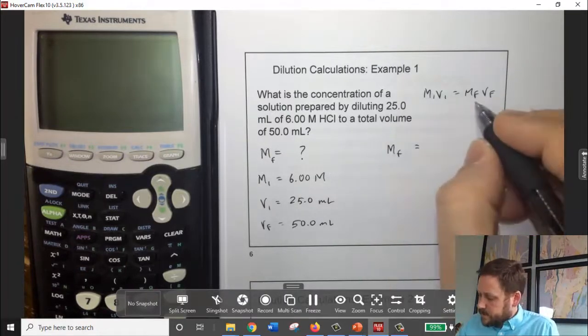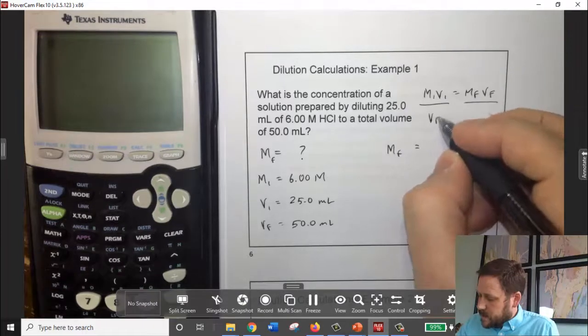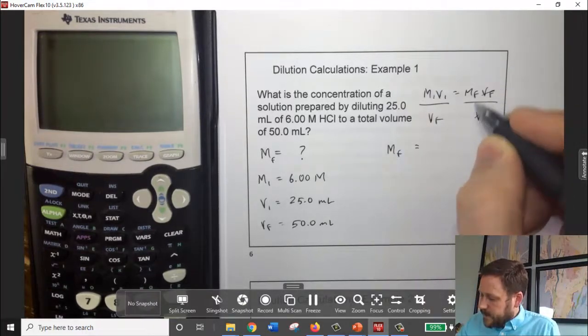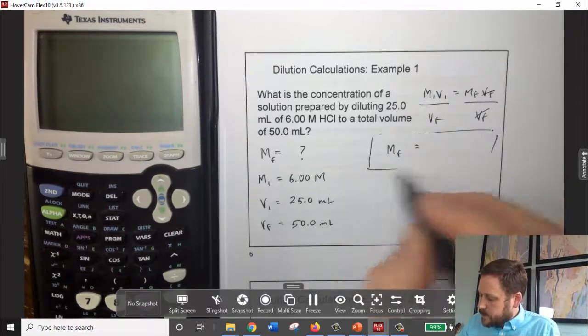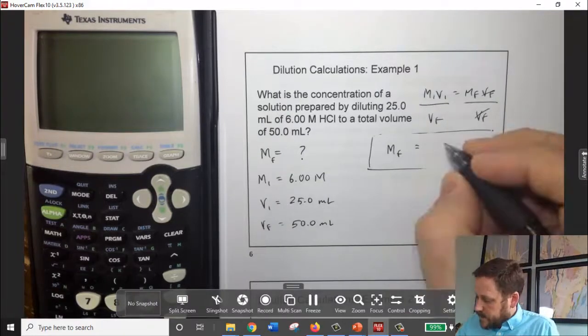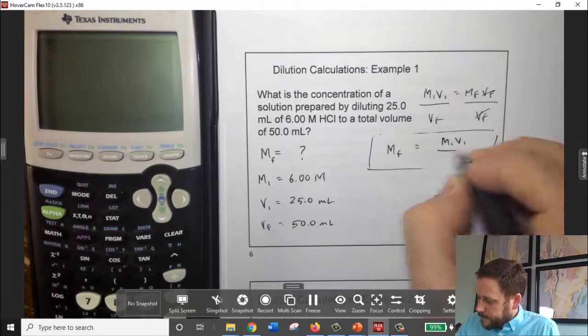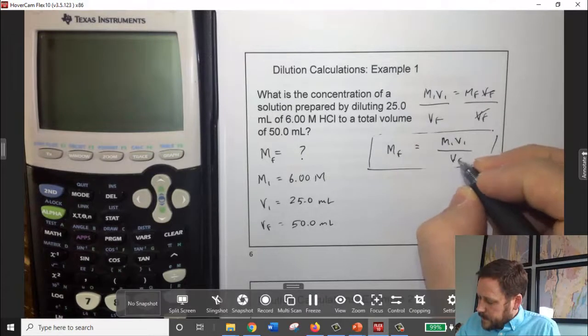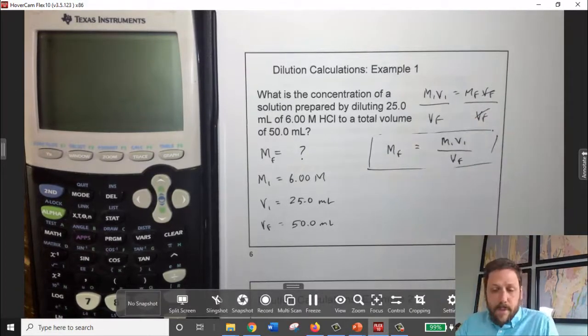Of course, I can solve for Mf if I divide both sides by the quantity Vf, and I'm left with the equation that I'm going to use here. Final molarity is MiVi over Vf. And sometimes you'll see this written as M1V1 equals M2V2, but of course those are equivalent.